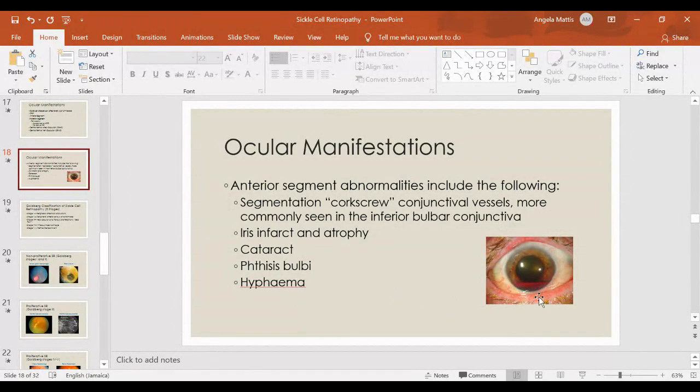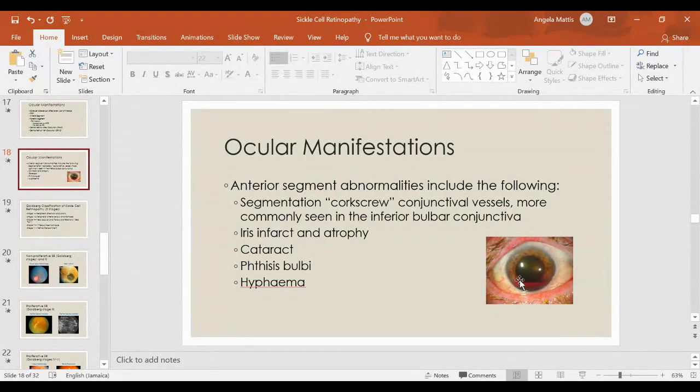I'll speak to that just a little bit more, because this is one of the situations in which patients who are AS, who have the sickle cell trait, can get very serious eye complications, just like patients with SS or SC, because the anterior chamber is a closed system and you get less oxygen in this system.